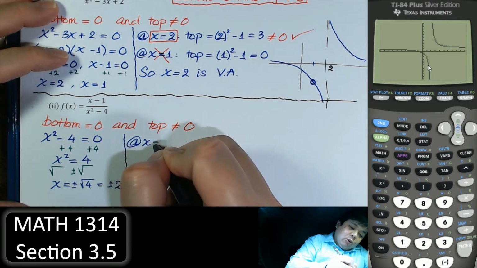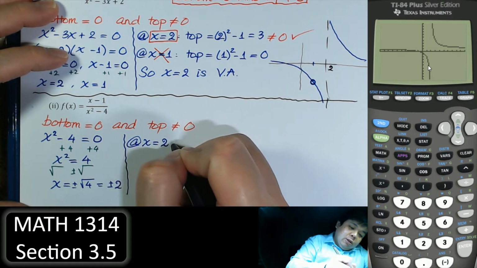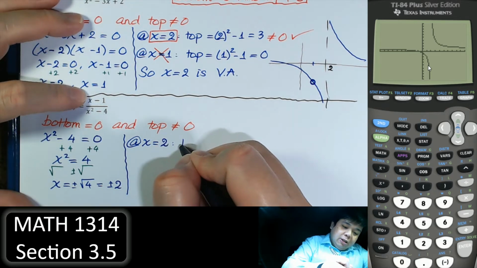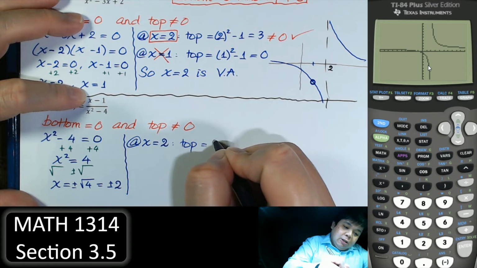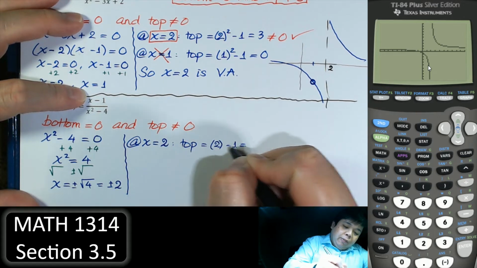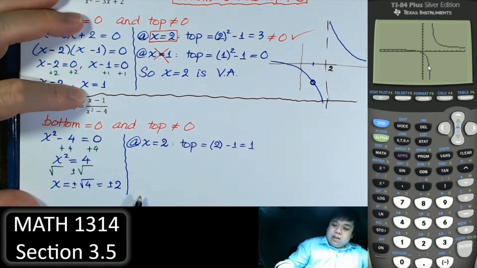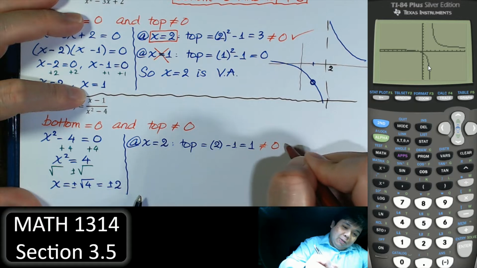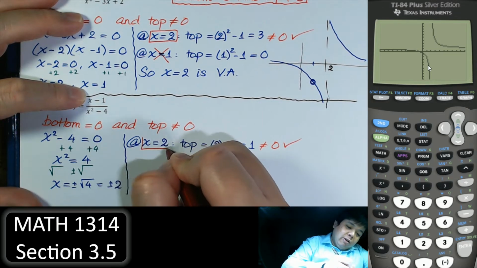At x equal to 2, I'm going to put 2 in the top. We have 1, and that is not equal to 0. So that's good. This is a vertical asymptote.